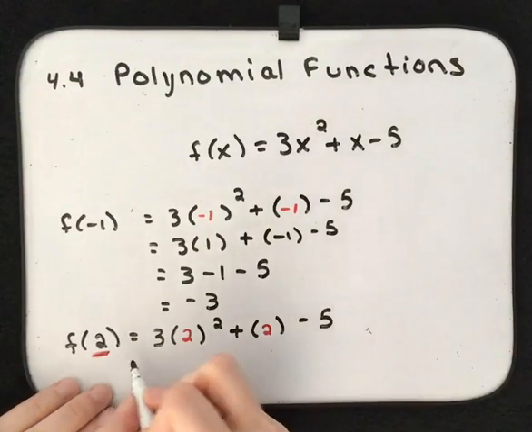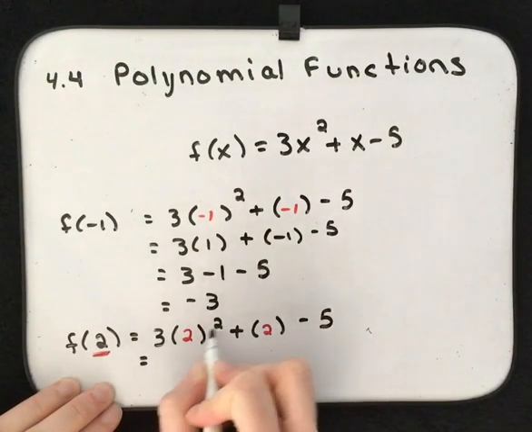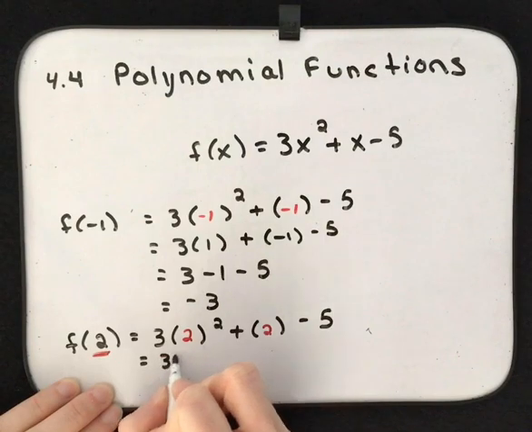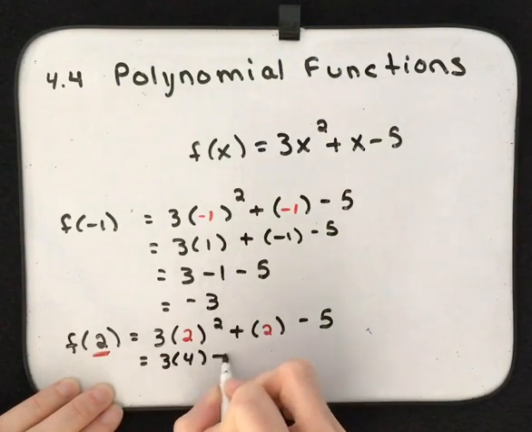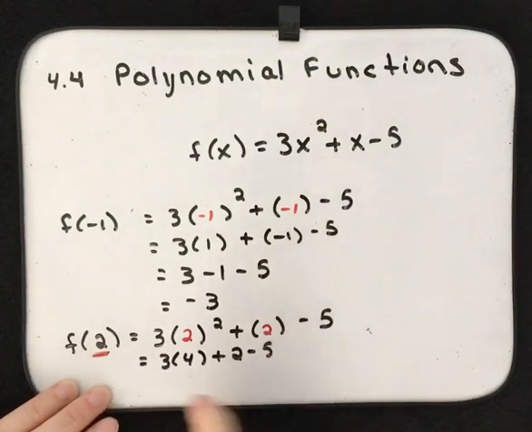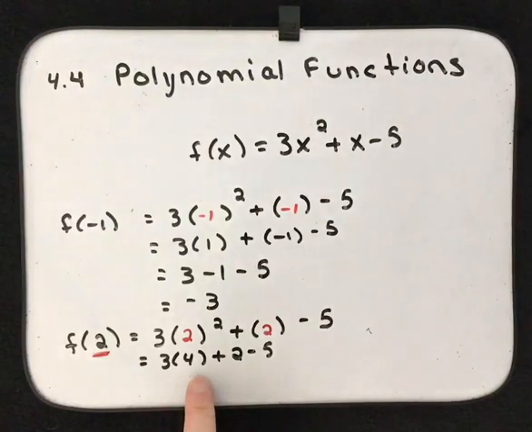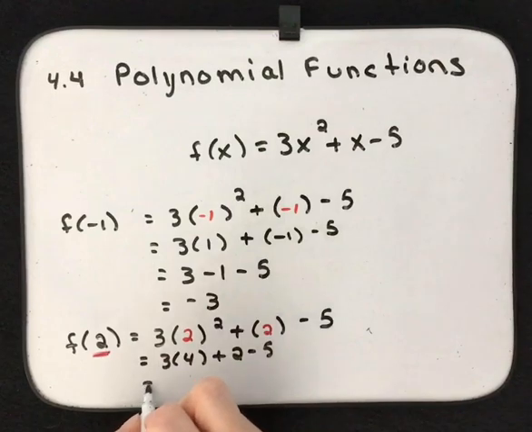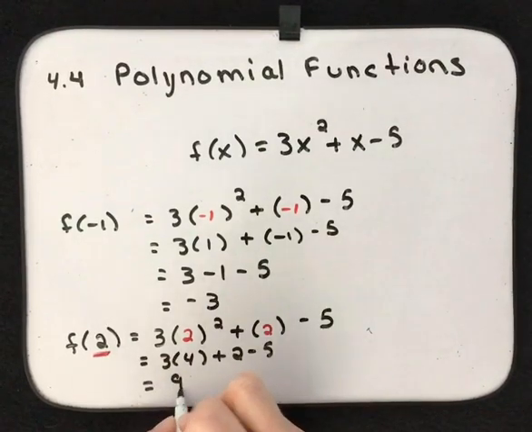Then we have 2 squared is 4, so this is asking us for 3 times 4. 3 times 4 is 12. 12 plus 2 is 14, minus 5 gives us 9.